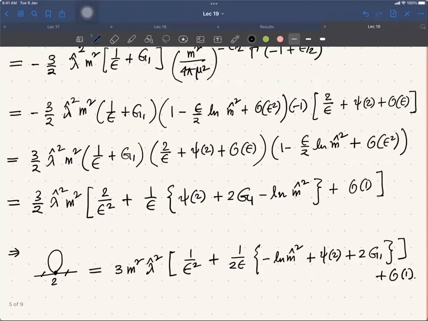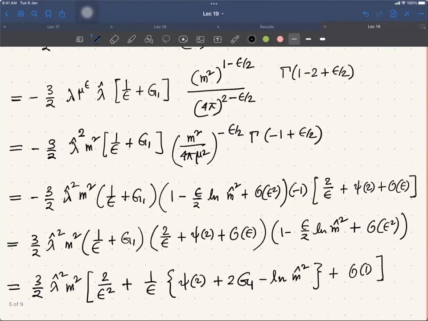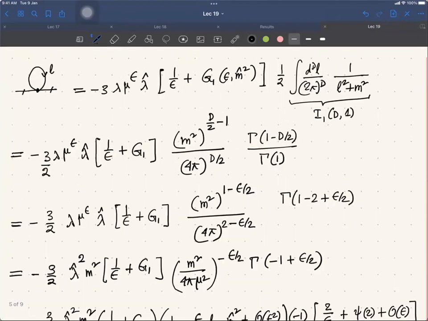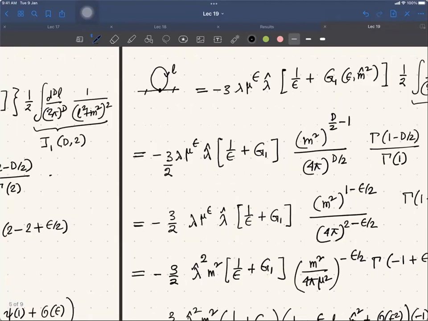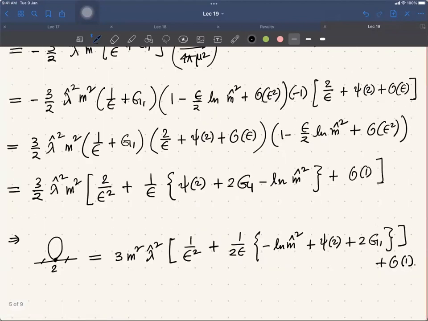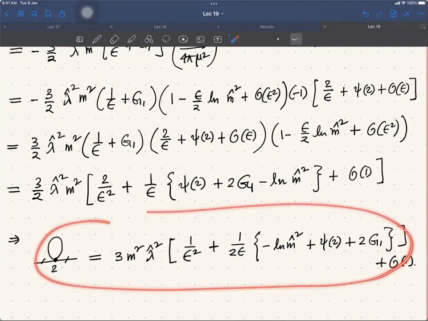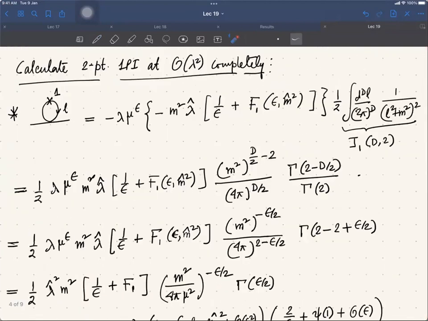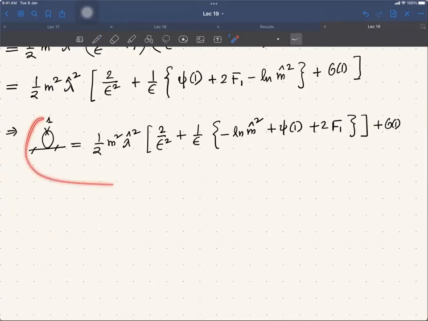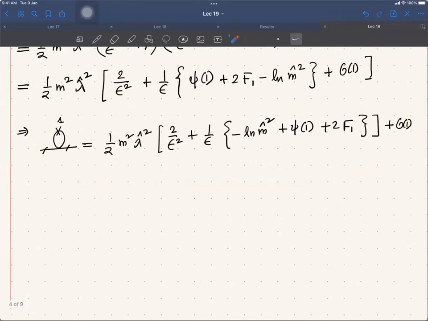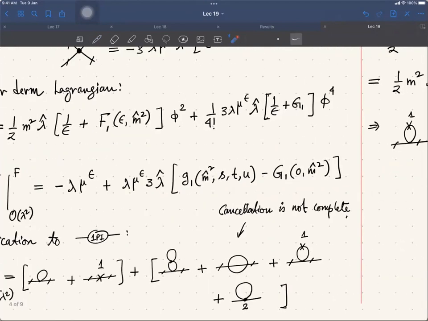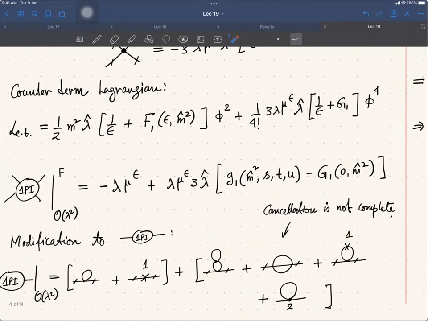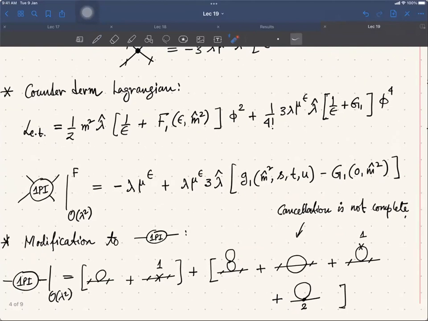So after calculating these two new diagrams, this one and the previous one here, we should now add all the 4 diagrams that contribute to the 2.1 pi at order lambda squared.